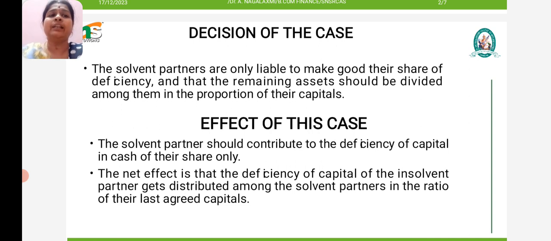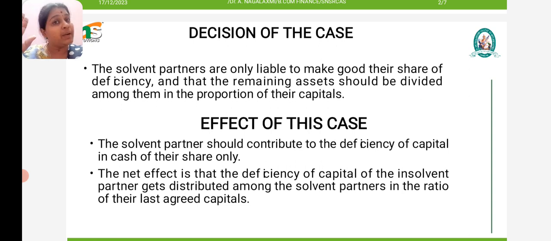So the judgment given is that the insolvent person should not be included. Only the solvent partners are liable to make good their share of deficiency. That is, the deficiency of 635 rupees in the realization account is to be borne only by the solvent partners.